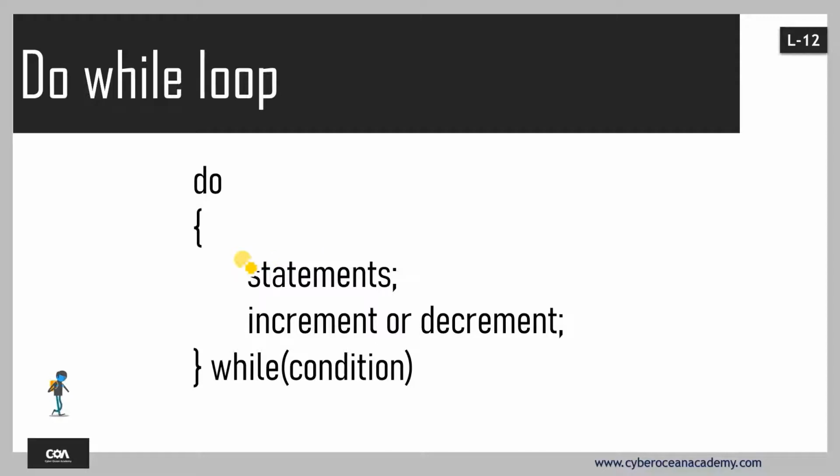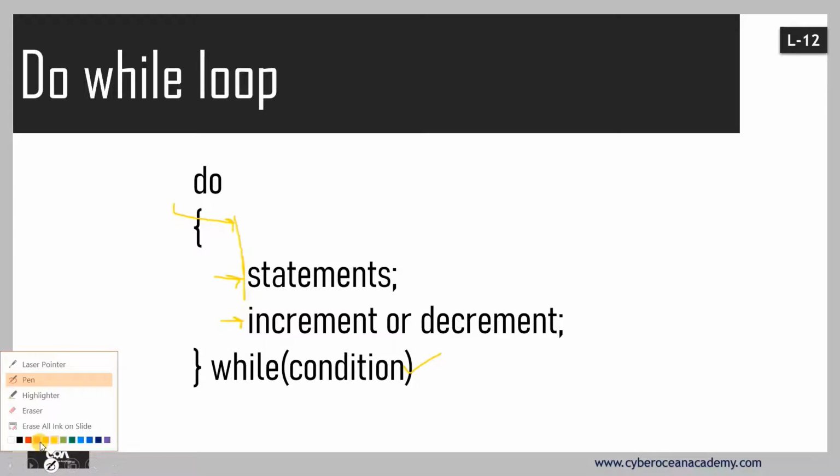First, when you write the do while loop, you already enter inside the loop for the first time and execute the statement, and after that you increment or decrement the value according to your requirements. Then you check the condition, and if that condition is true, it will enter inside the loop again.